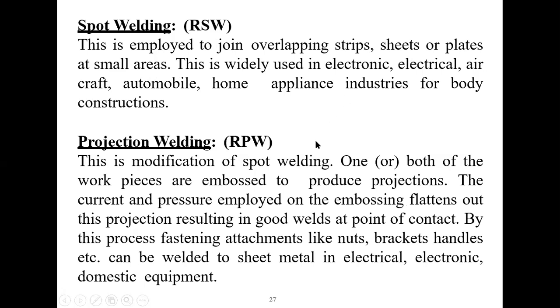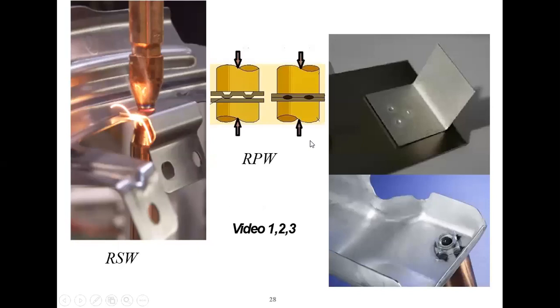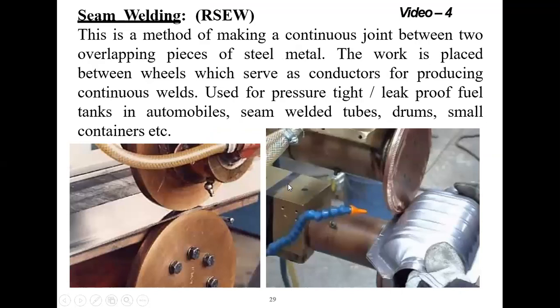Another type of resistance welding is projection welding. This is one type of spot welding, but with some modifications like this. I'm not going into detail about this topic because it is not in your syllabus. Another one is seam welding. This is a continuous type of spot welding.